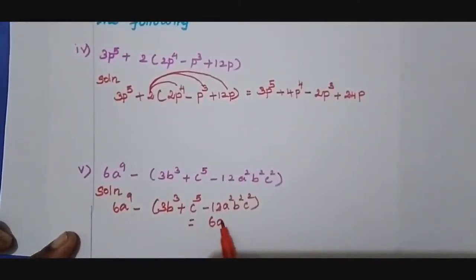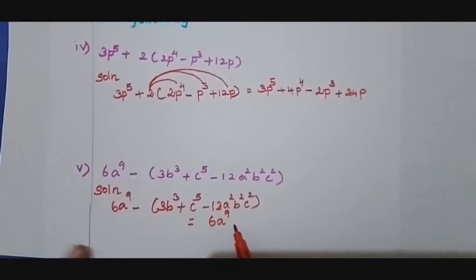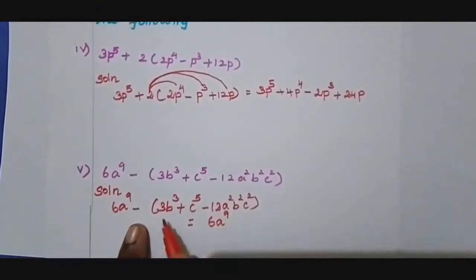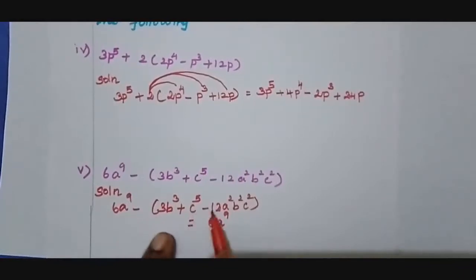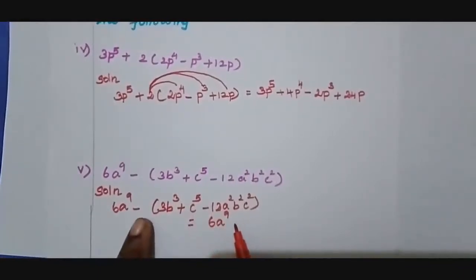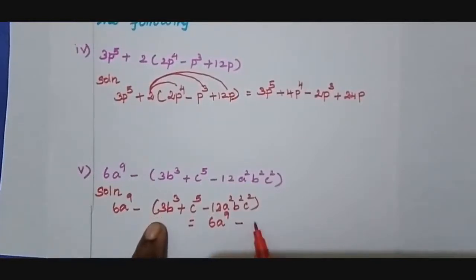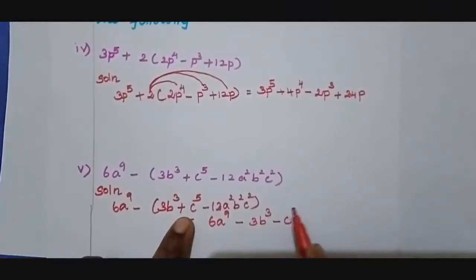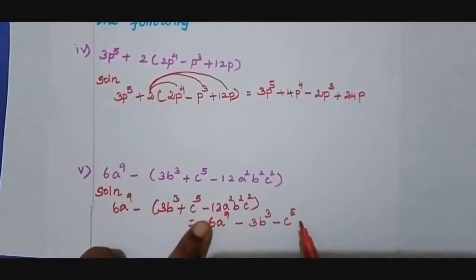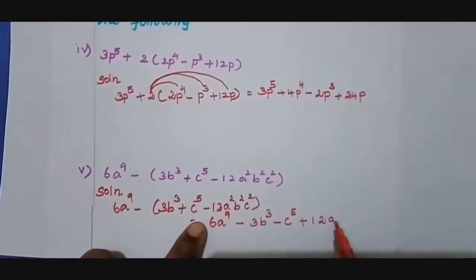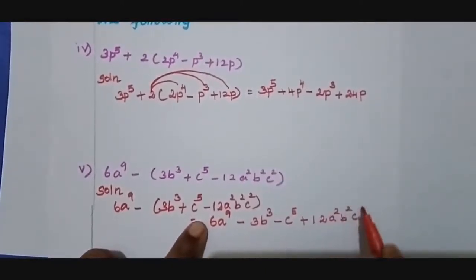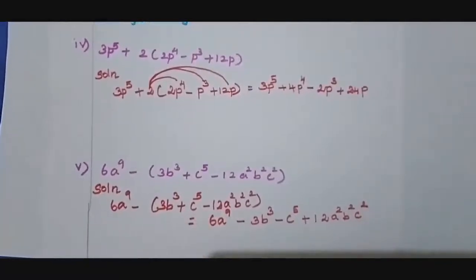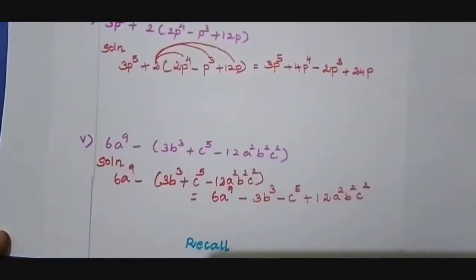So write the first term as such. How do we solve this one? Yes. When the bracket is preceded by the negative sign, the terms inside the brackets are changed. Minus into plus is minus 3b cube, minus into plus is minus c power 5, minus into minus is plus 12a square b square c square. Is it clear, children? Yes.